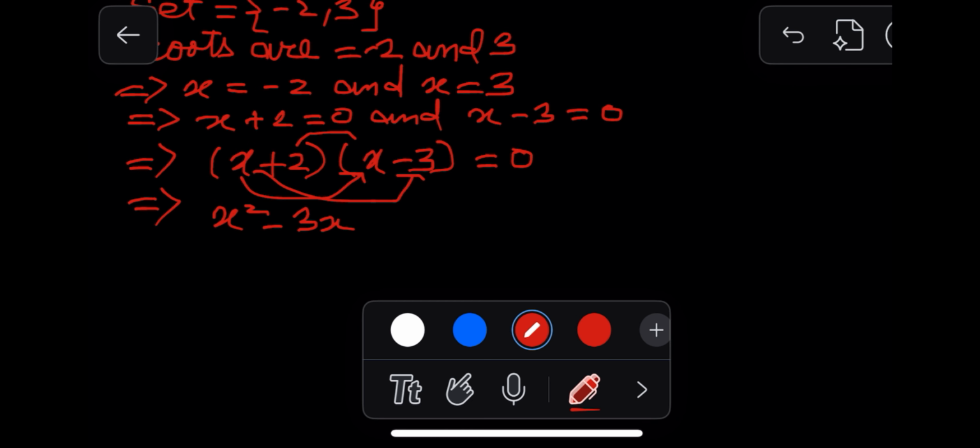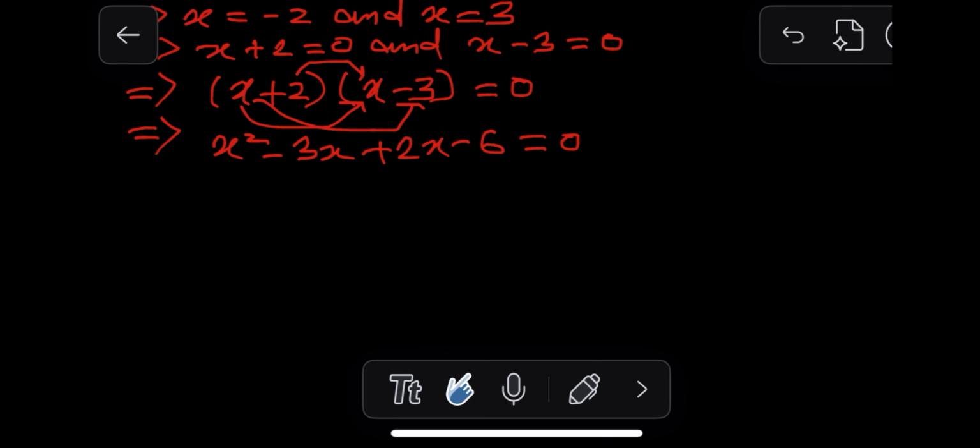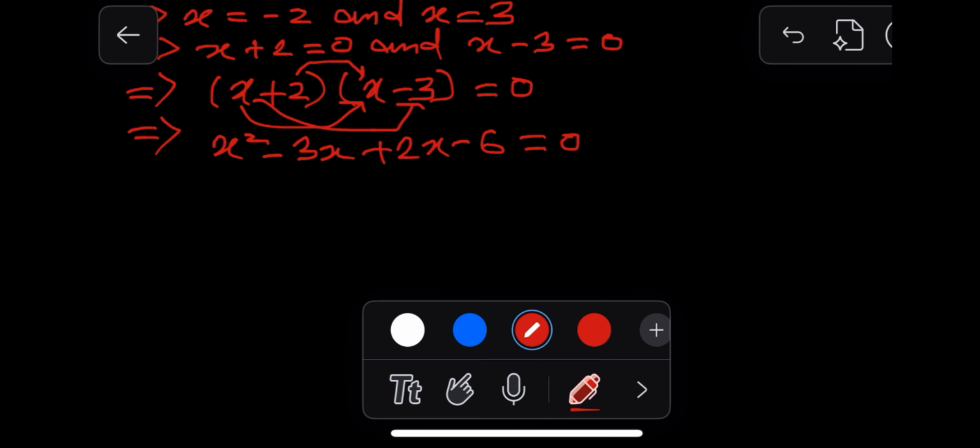Now this 2 multiplied with x is +2x, and this plus 2 times minus 3 is -6, equal to 0. Next step, we know that -3x and +2x are like terms, so minus plus is -x, minus 6 is equal to 0.